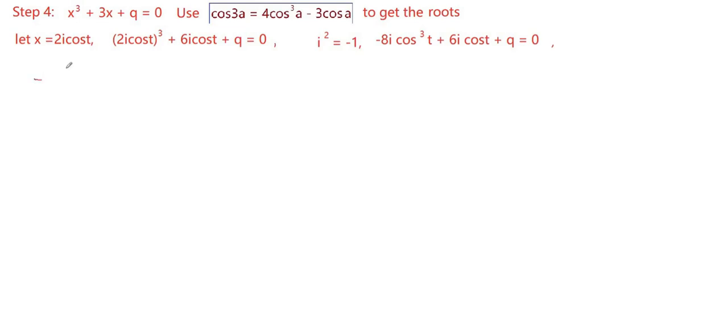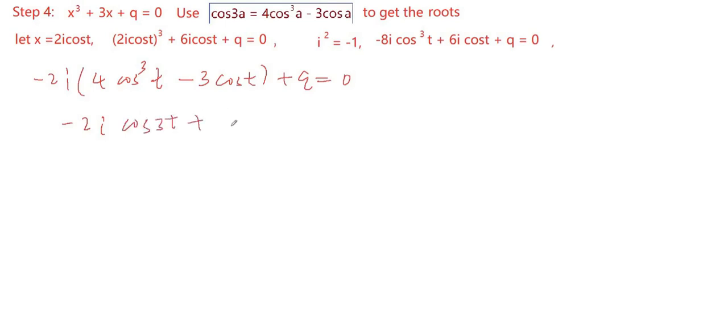And we have minus 2i times (4 cosine cubed t minus 3 cosine t) plus q equal to 0. And this is cosine 3t. So 2i cosine 3t plus q equal to 0. And cosine 3t equal to q divided by 2i, or minus q divided by 2 multiplied by i.